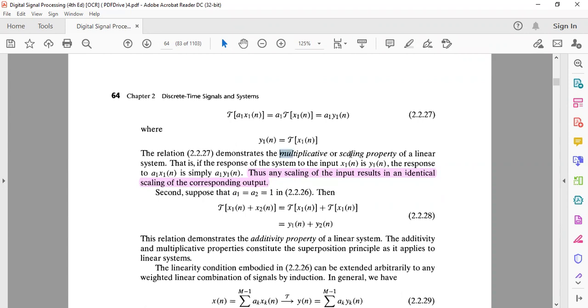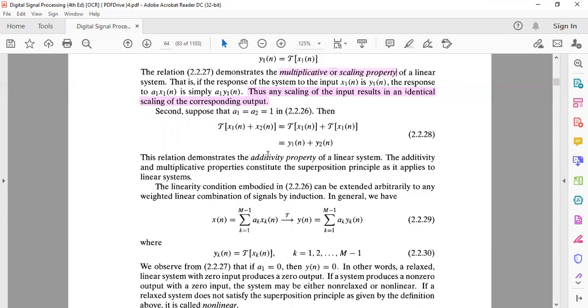Linearity can follow the multiplicative or scaling property, but it can also follow the additivity property of a linear system. The additivity and multiplicative properties constitute the superposition principle as it applies to linear systems.